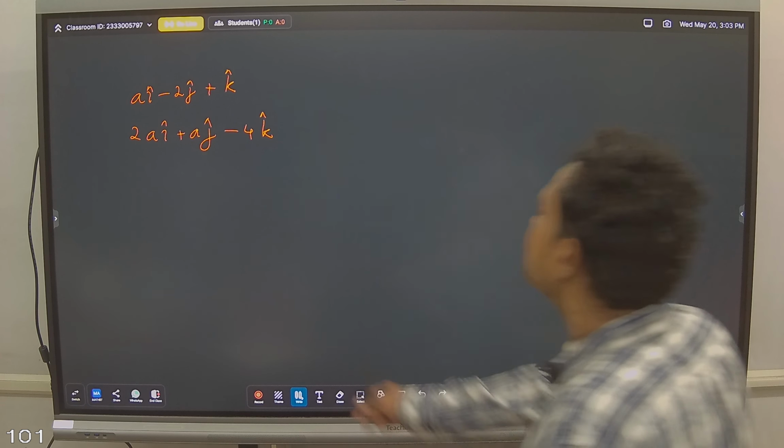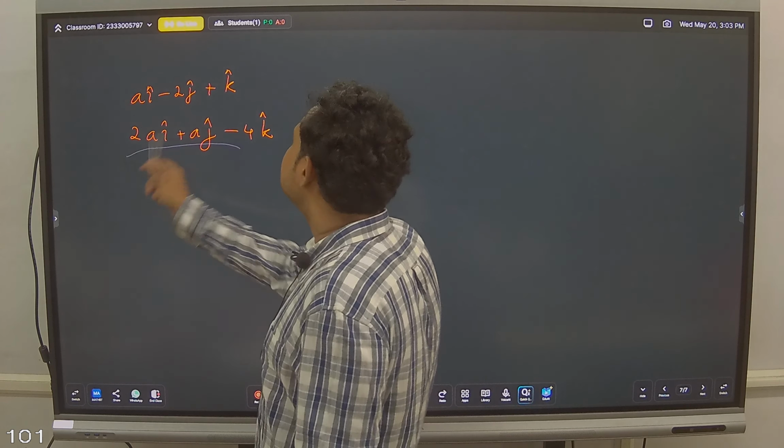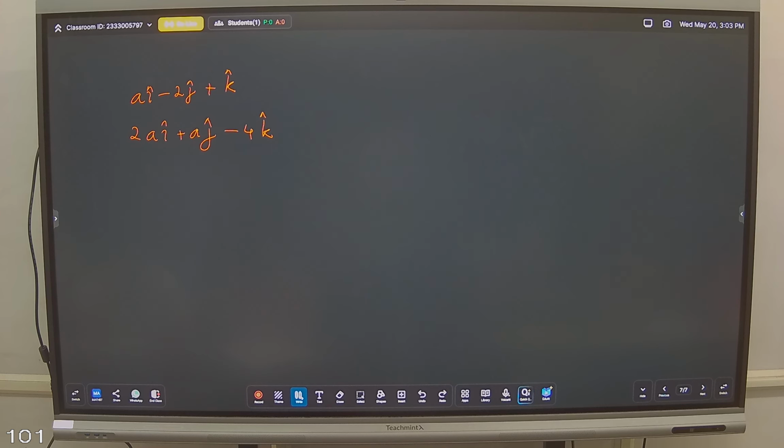Find all values of A for which these two vectors are perpendicular. It comes as 1 plus or minus 3 by 2. Can you solve it on the board?